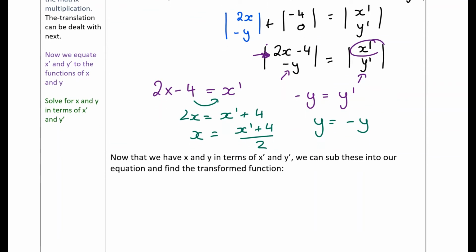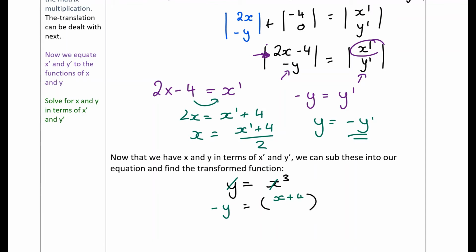Once we have x and y in terms of x dash and y dash, we just sub this into our pre-image. So remember that our pre-image was y equals x cubed. And I'm saying that y is actually negative y, or negative new y. So let's replace this with negative y. Now that has to equal x cubed, but remember that x is actually x dash plus 4 on 2.